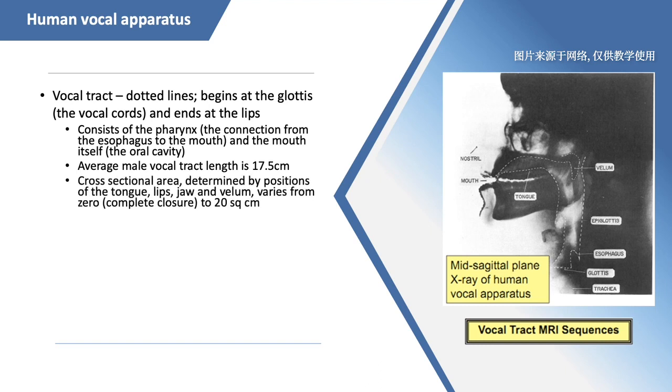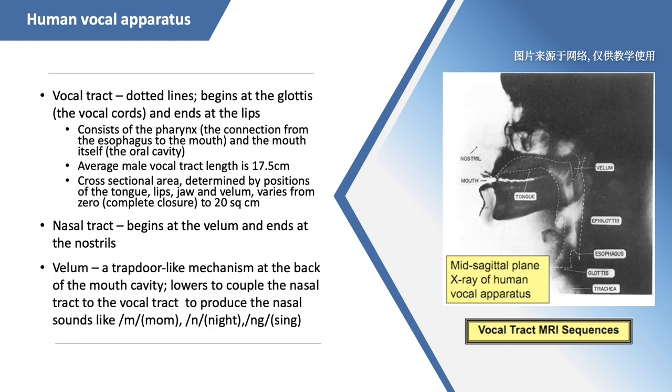The cross-sectional area, determined by the positions of the tongue, lips, jaw, and velum, varies from 0, complete closure, to 20 square centimeters. Another tract relevant to speech production is the nasal tract, which begins at the velum and ends at the nostrils.